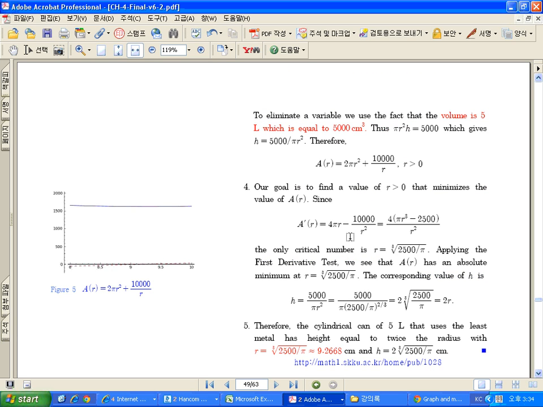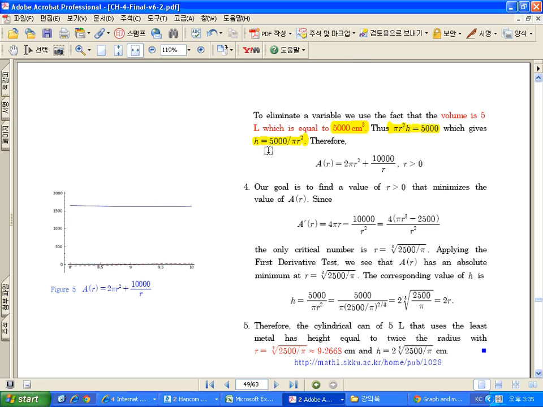The can is to hold 5 liters of oil. So the volume is 5 liters. That's about 5,000 cubic centimeters. So pi r square h, that volume should hold 5 liters of oil. That should satisfy this condition. This gives us h is 5,000 over pi r square.